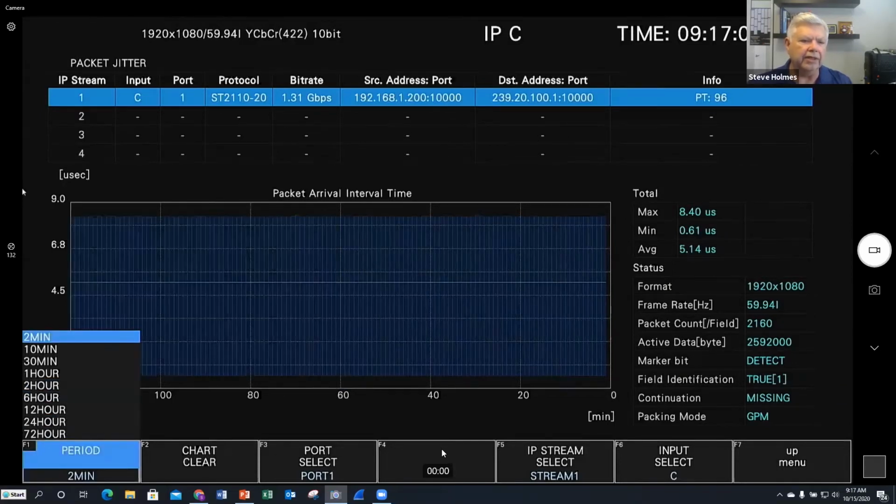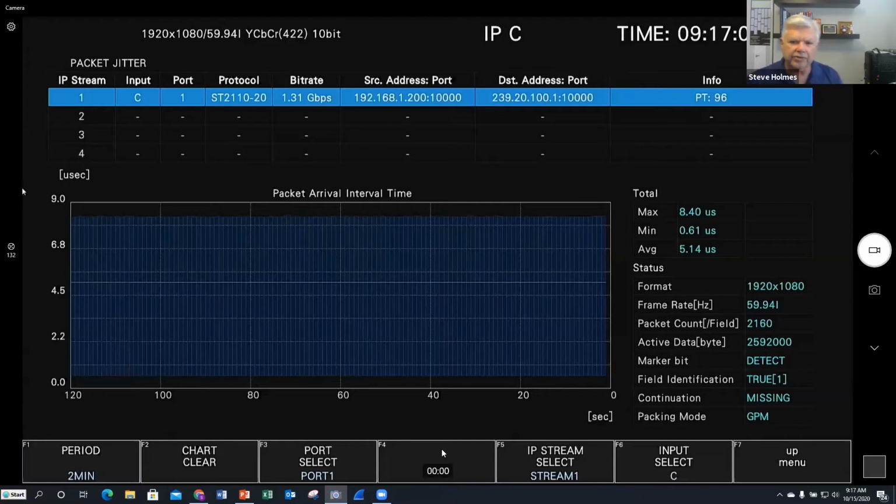But what I want to get to is if I add some stress to a switch I have and add more data to it, you're going to start seeing things happen within my system here.